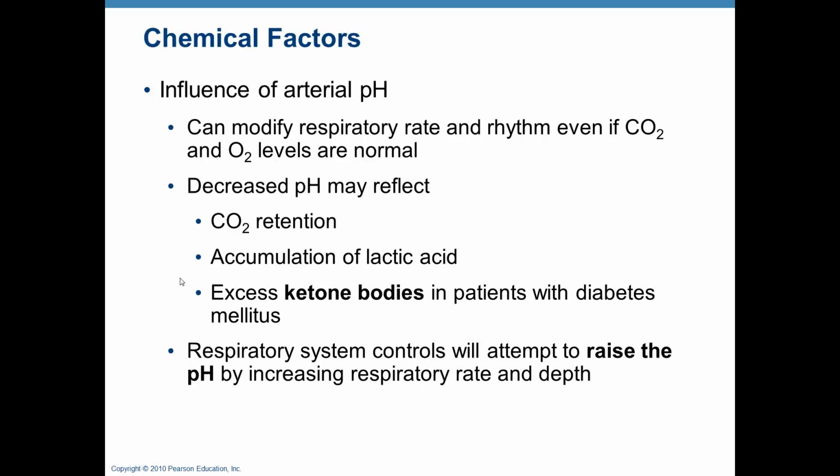Lactic acid is a byproduct of anaerobic respiration in your skeletal muscles, and accumulates from things like sprints and strenuous activity. An excessive amount of that, being an acid, can cause your body fluid pH to drop.